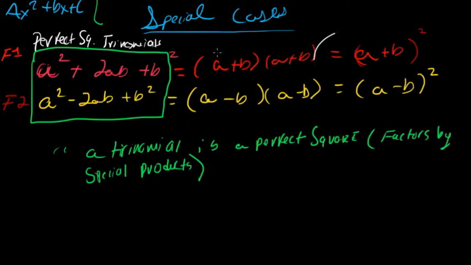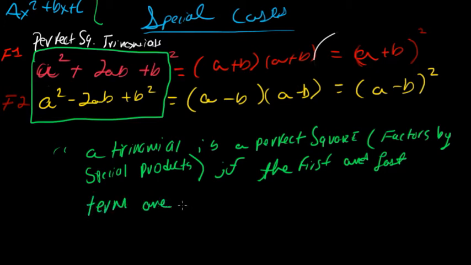So we can say that if a trinomial is a perfect square, or factors by special products, if the first and last term are perfect squares. Okay?